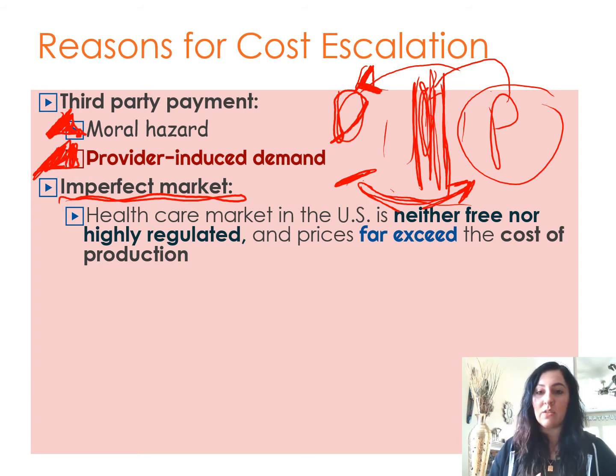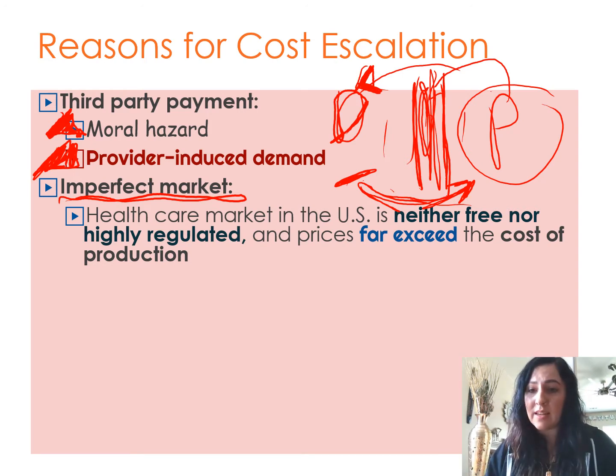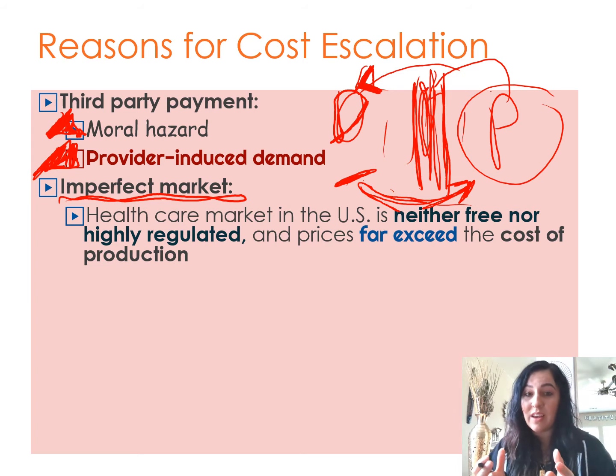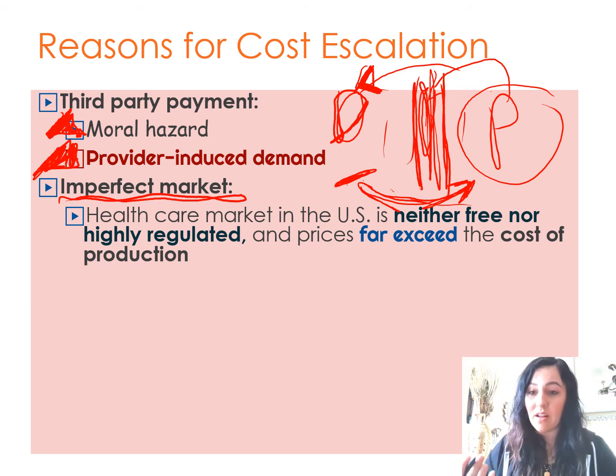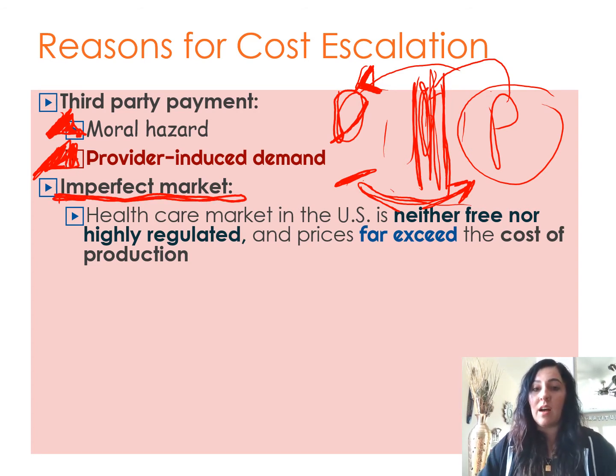And this allows for prices to just go crazy. Okay, providers can charge whatever. Pharmaceutical companies can make medications extremely expensive. And we have those huge problems, and it's all a result of having an imperfect market, because since we have this imperfect market, all these organizations are allowed to do the crazy things that they do.